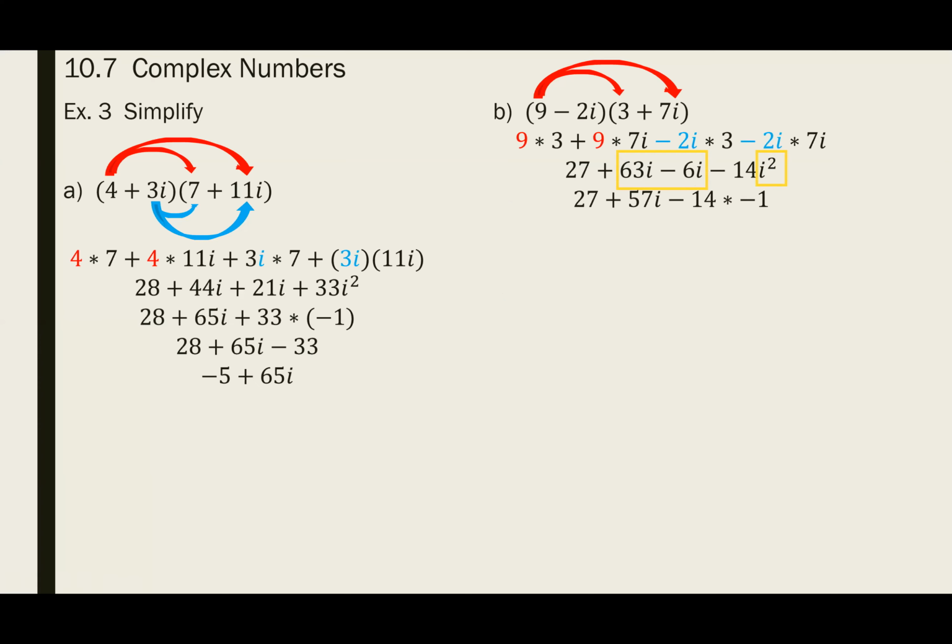So we have 63 take away 6 to give you 57i. -14 times -1, because the i squared becomes a -1, becomes a positive 14. And then we combine like terms: the leftover we have is 27 added to 14.